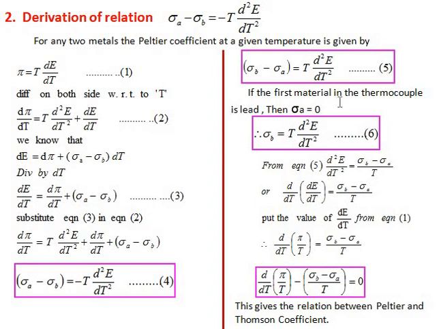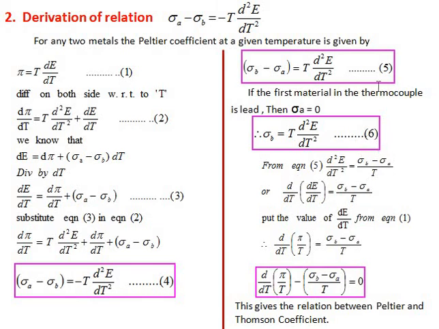If the first metal in the thermocouple is lead, that is A is lead metal, then the Thomson coefficient for lead metal is 0. So therefore sigma A is equal to 0. So sigma B is equal to T into d square E divided by dt square. Call this equation number 6.